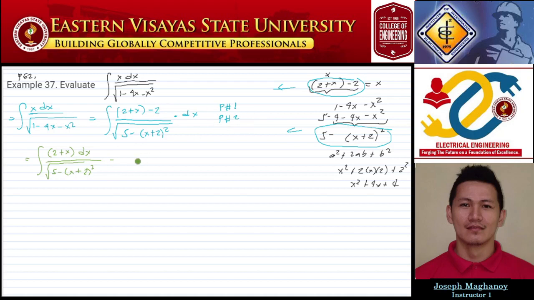Applying property number 2, we carry it outside of the integral, and the remaining is dx over square root of 5 minus quantity x plus 2 squared.